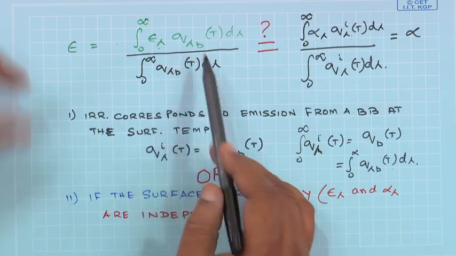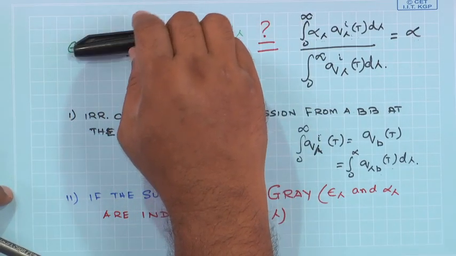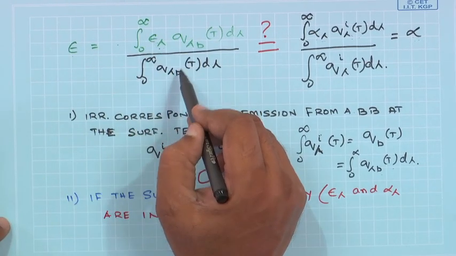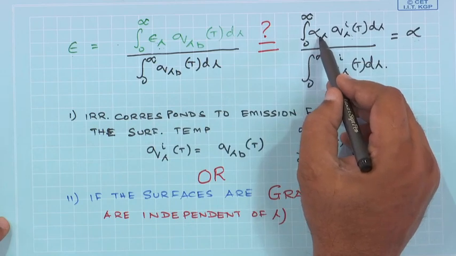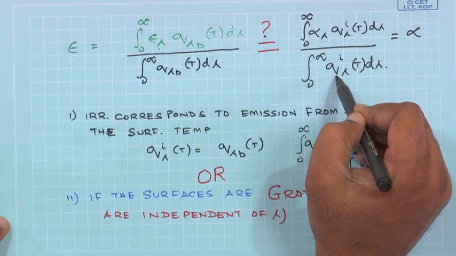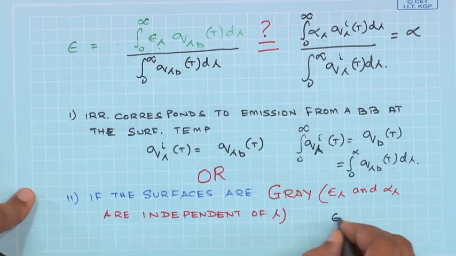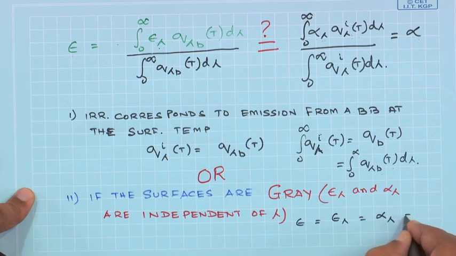So, if you do not have epsilon lambda inside the integration, if you do not have alpha lambda inside the integration, then the numerator and the denominator are the same. So, what you have in that specific case is that epsilon lambda is equal to alpha lambda, and this is equal to epsilon, and this is equal to alpha.